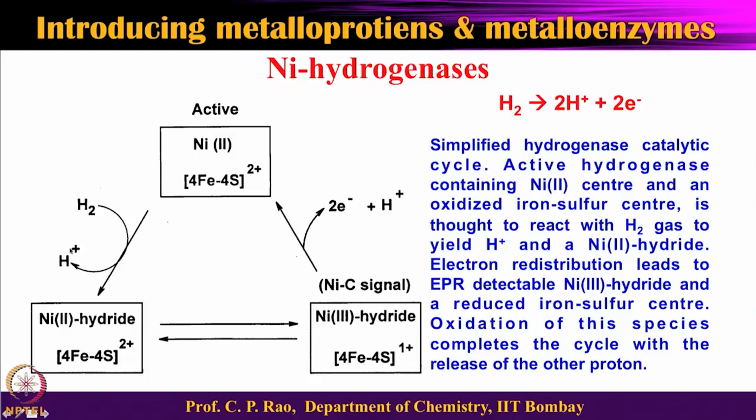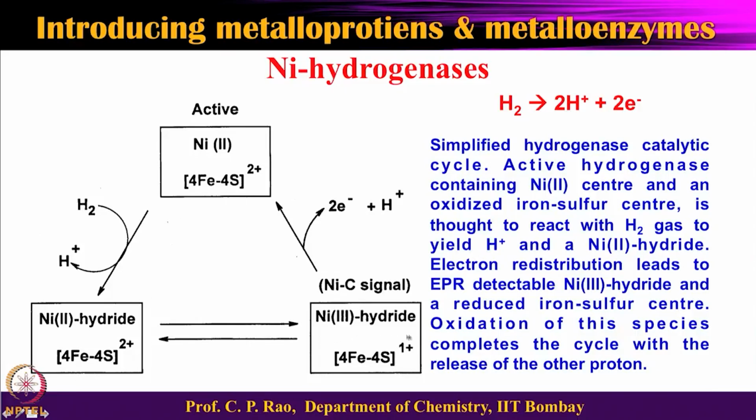So, one proton has come here, one proton has come here, 2 electrons have come here. That means from H2 you are taking away 2 electrons, therefore, you brought 2 protons. So, the important thing is nickel 2 with the oxidized iron sulfur cluster, and nickel hydride in this cluster.